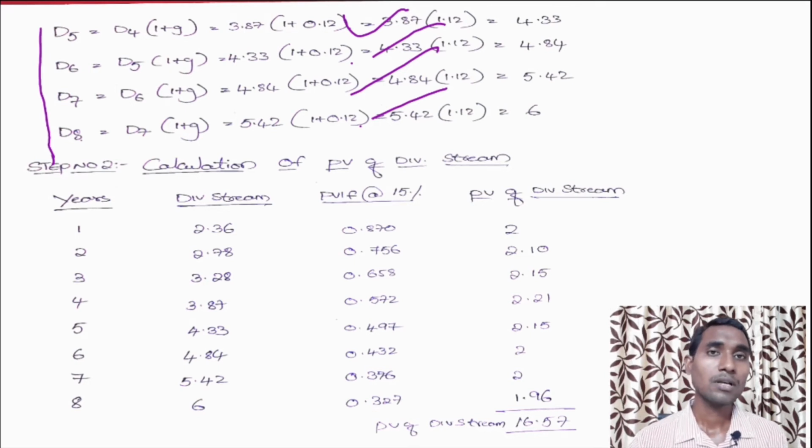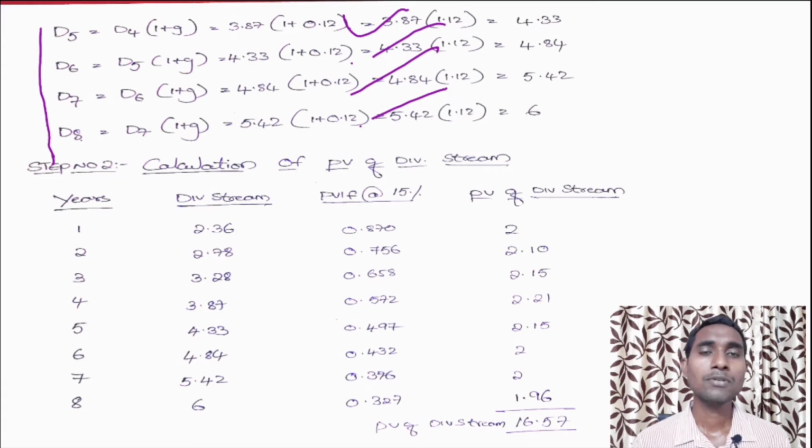So we need to split, because the growth rate in dividends is in 3 stages. So only step number 1 differs. In step number 1, you need to split into two growth rates. The first two growth rates are assumed to be the supernormal growth rate.